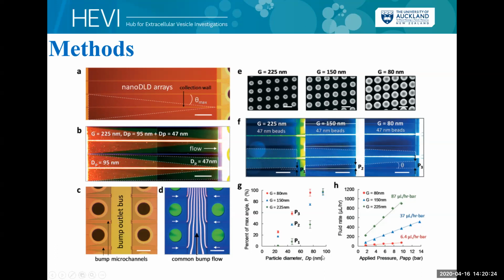And they also showed the percentage of beads of a certain diameter that can get focused. And of course, it's important when you're working with nanofluidics that the pressure that you need to actually run the thing isn't so high that it's going to explode. So they tested that with all three of these different pillar arrays and different flow rates. And at all of those flow rates, the pressure was never too much to destroy the chip.